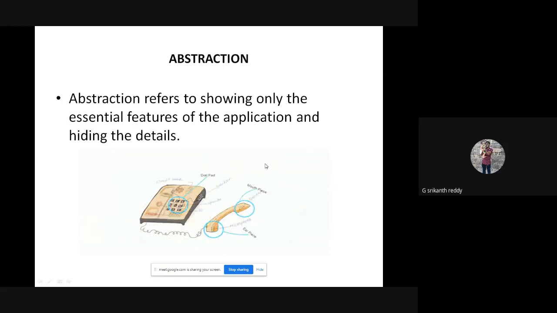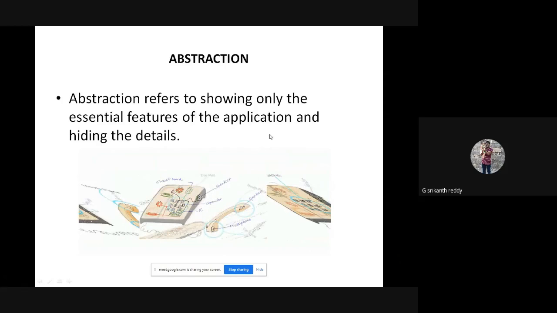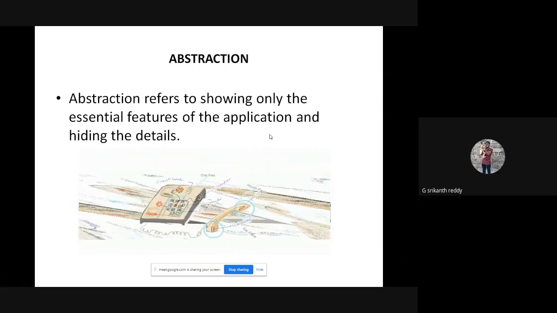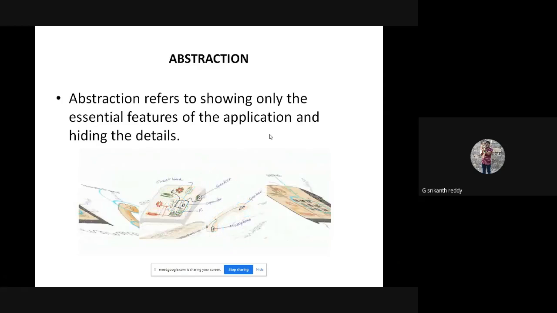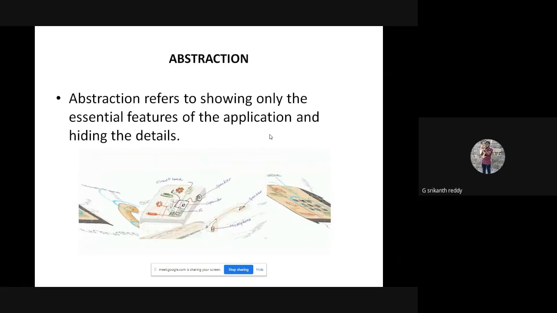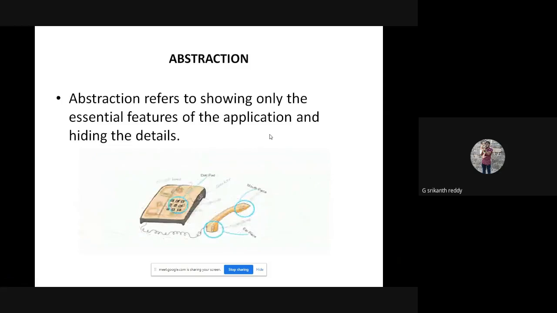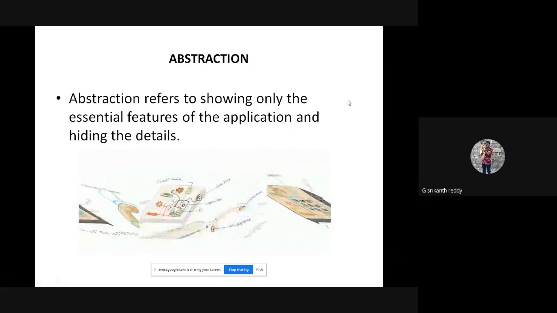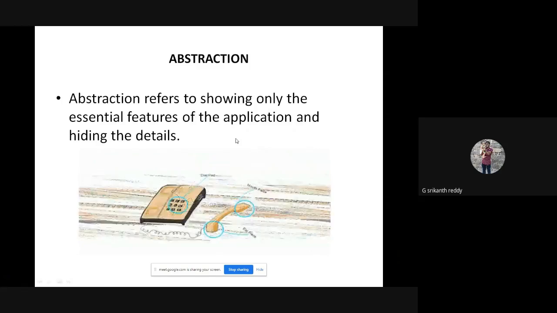One more example is in our daily lives. In our homes we have a TV remote, so we operate the TV through the remote. We will be clicking, changing the channels, or setting the settings menus, and we can operate the TV through the remote, but we don't know what is the circuitry inside the remote.